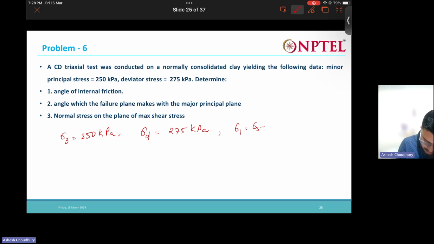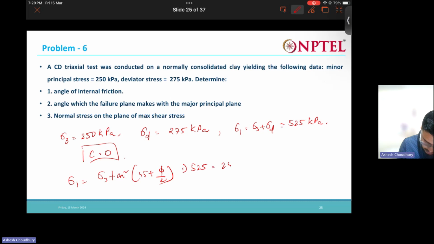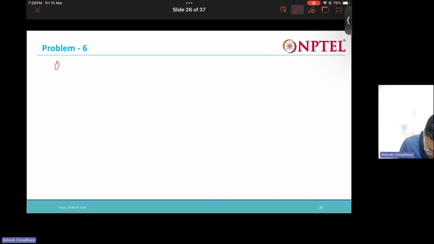Sigma 1, c is 0. From here you will get phi. And what is the failure plane angle?